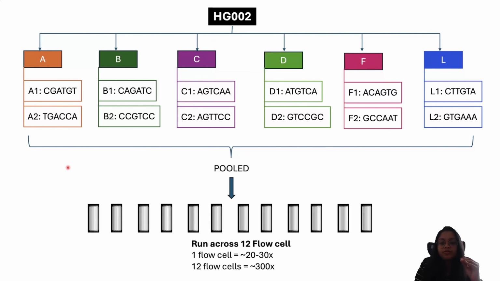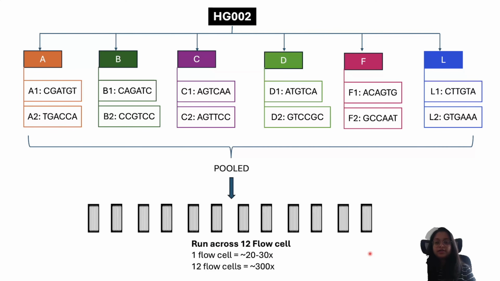To give you further intuition, sample A1 from each run contributes only a part of the total data for the A1 library. So if you were to construct the full data for the A1 library, you would have to combine the FASTQs corresponding to A1 from each of the flow cell outputs to get the full data for that library.